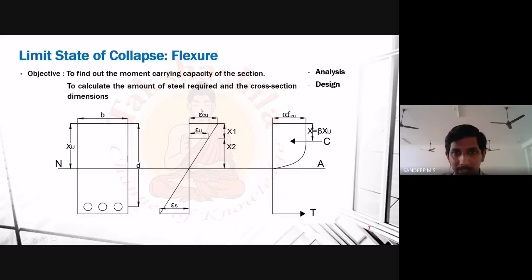Epsilon cu is the ultimate strain in concrete, that is, the failure value. What is the ultimate strain value that we can have in our concrete? As per our assumption, it is 0.0035. Once the extreme compression fiber reaches a strain value of 0.0035, we can assume that our concrete has failed. Then we have another strain, epsilon u. Let's see what that is.